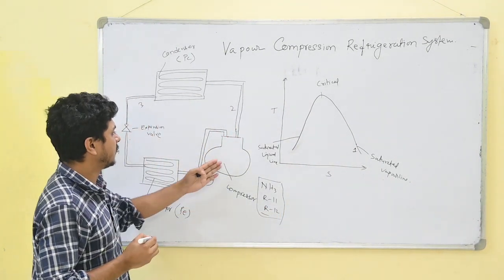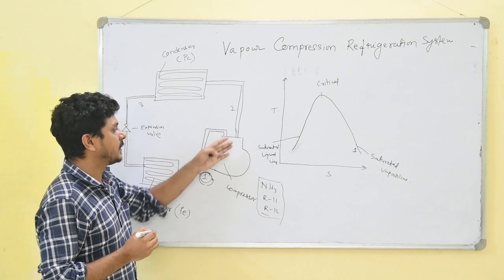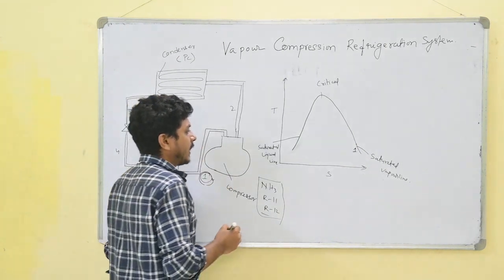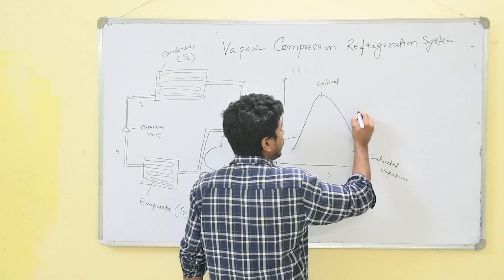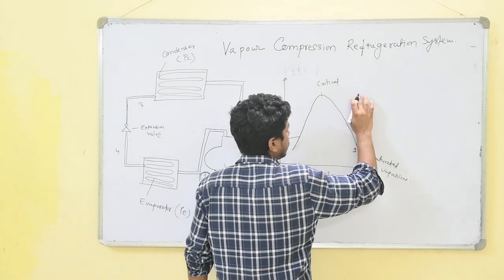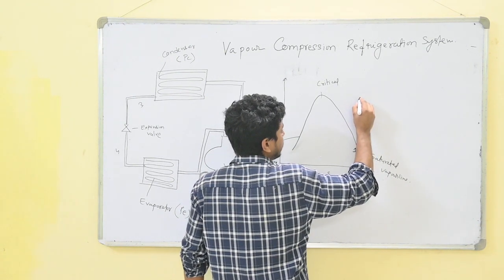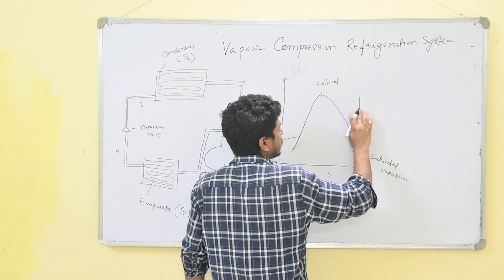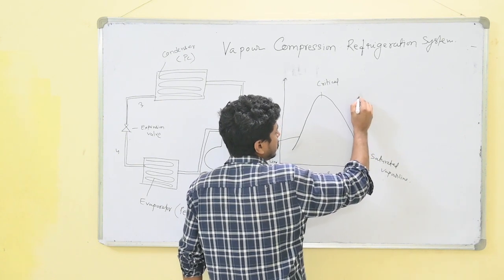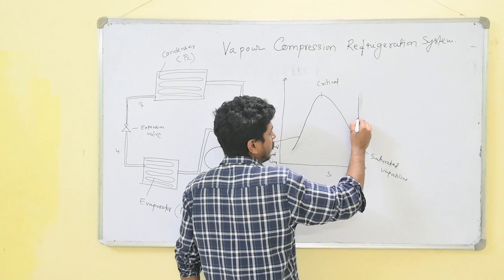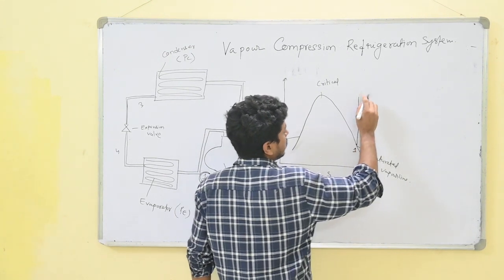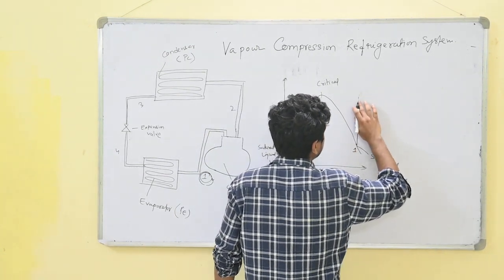After that, the compressor compresses the refrigerant and the line goes vertically upward. That means the pressure and temperature increase during this compression process: a vertically upward straight line.